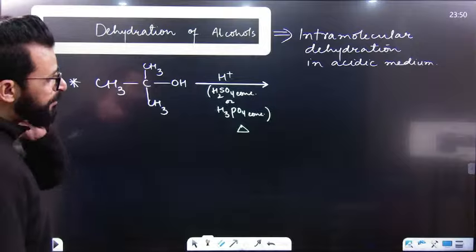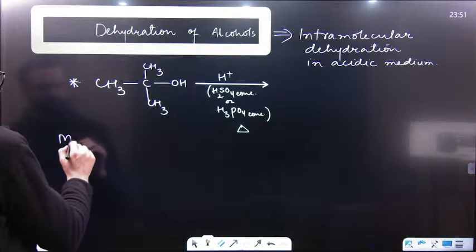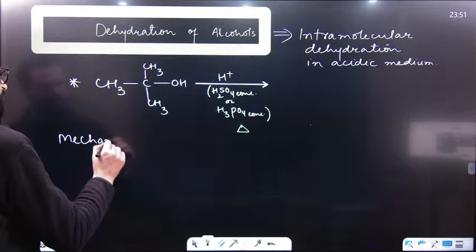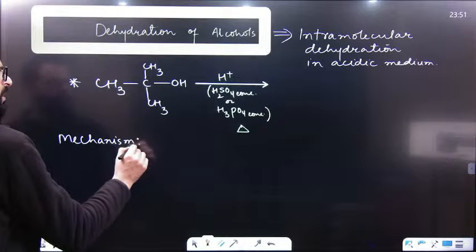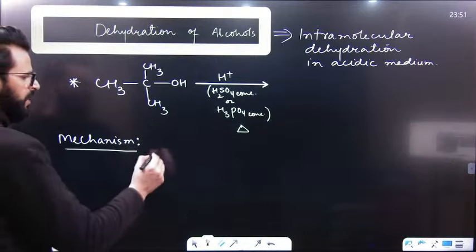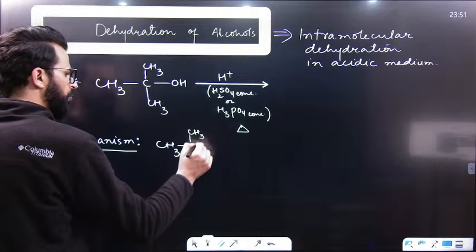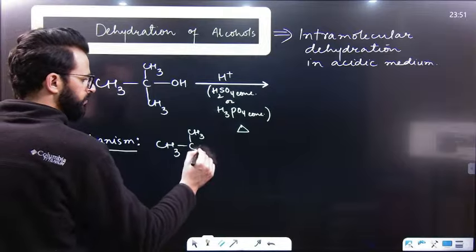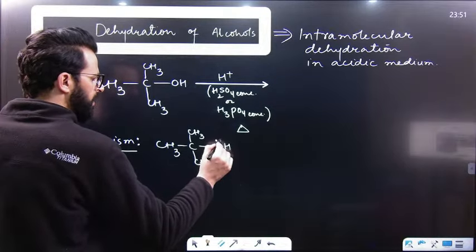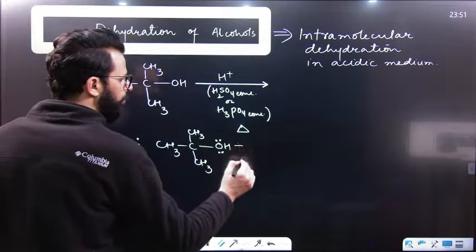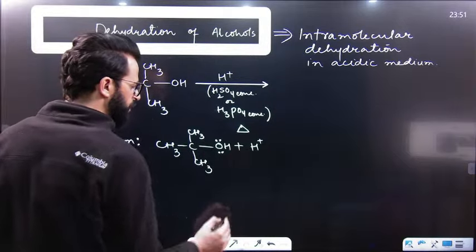Now, what will happen? What is the mechanism over here? Its mechanism is very important. First of all, we know OH is not a good leaving group. So it will react with H positive first.